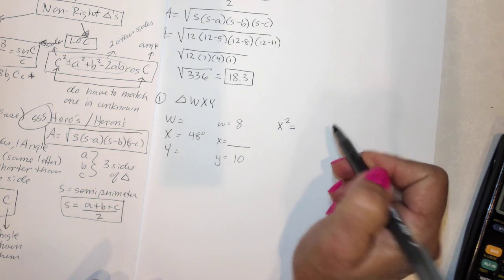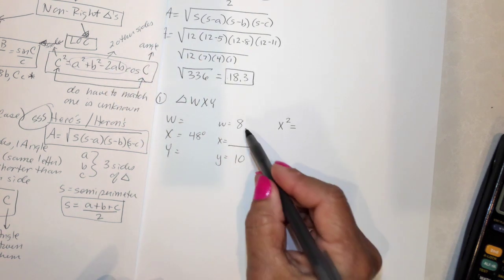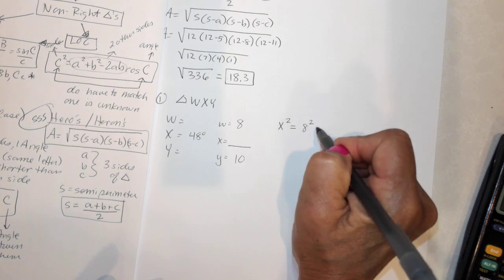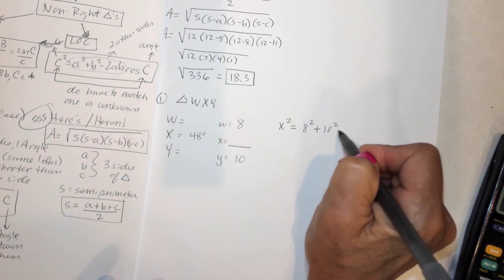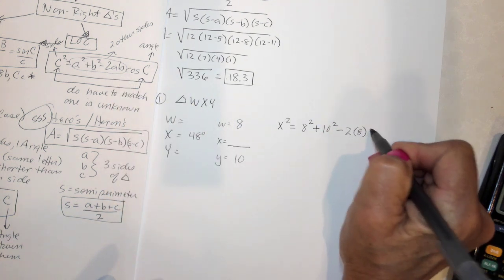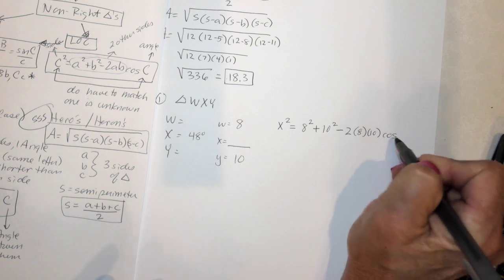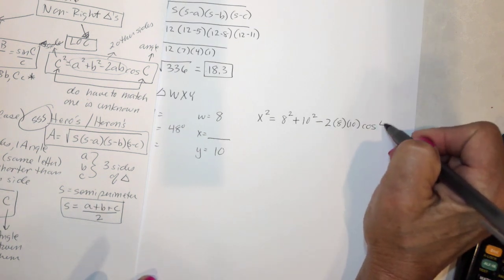X squared equals, and then my notes say that these are the two other sides. So since I know the two other sides, I'm going to have an 8 squared plus the other side, so a 10 squared, minus 2 times each of them, so 2 times 8 times 10 times the cosine, because I'm switching to the law of cosines, and then the angle.